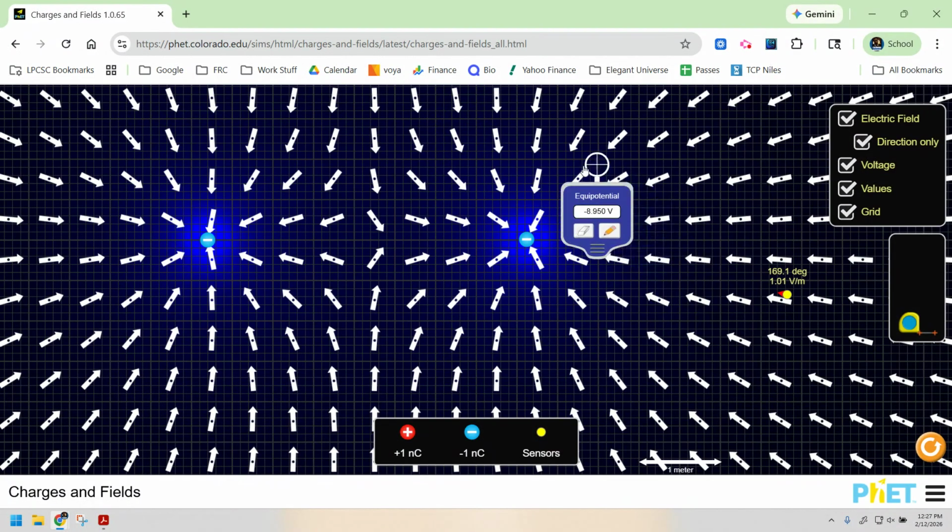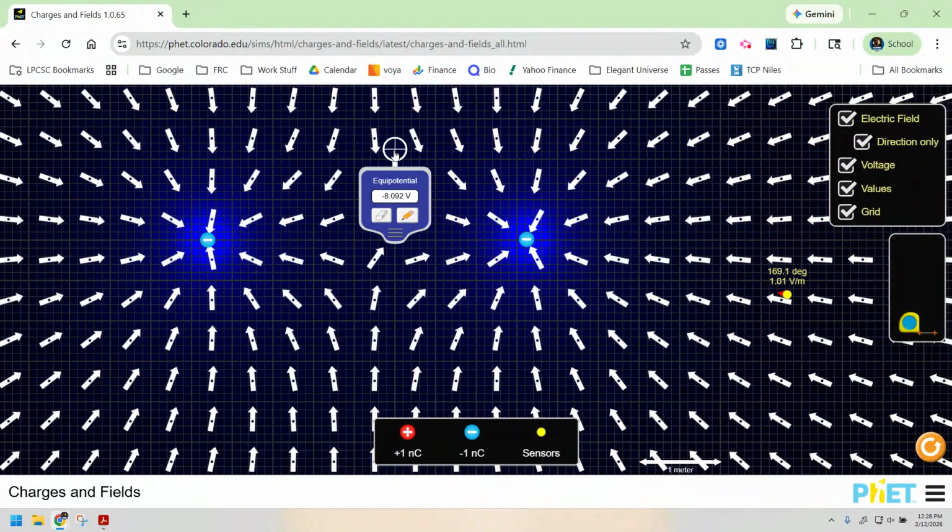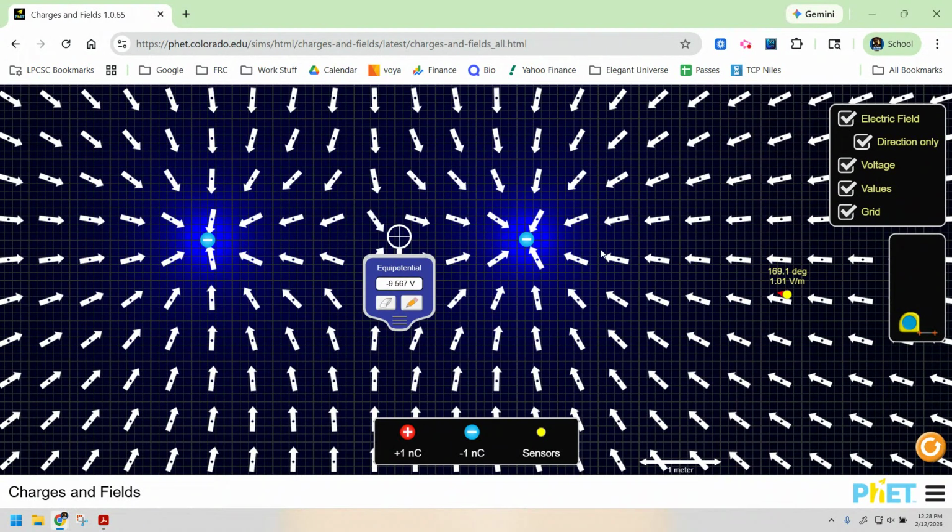If I get closer, I can kind of go around here, 11 volts, 11 volts. It's pretty much equidistant from the charge. If I go over here, it's 11 volts, 11 volts, pretty much equidistant. But if I go over here, it's not 11 volts, okay? Because as we get in between the 2 charges, there's some wonky stuff that goes on.